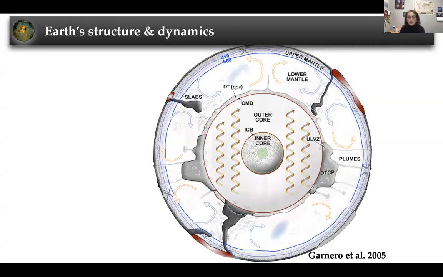So here you see a cartoon image of Earth's interior showing the very thin crust, the mantle all the way down to the core mantle boundary, the fluid outer core and the solid inner core, where the fluid outer core is the main cause of the generation of the Earth's magnetic field.